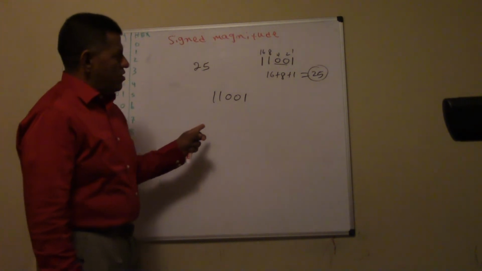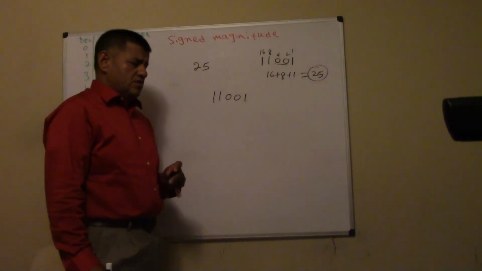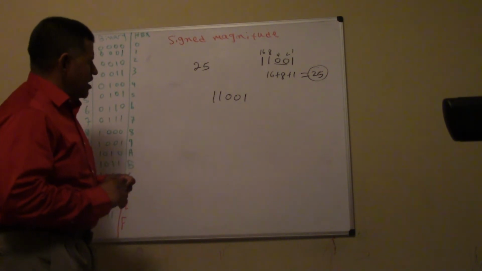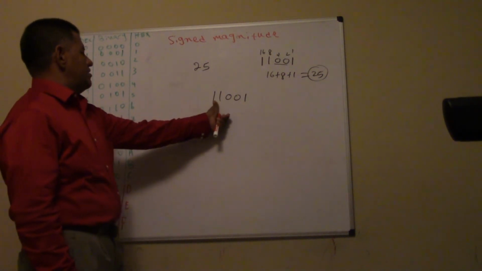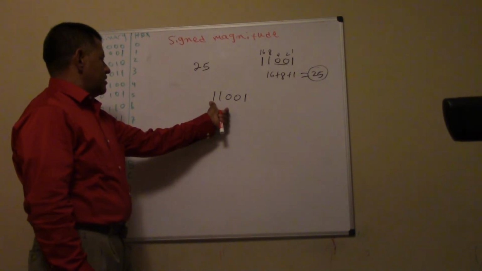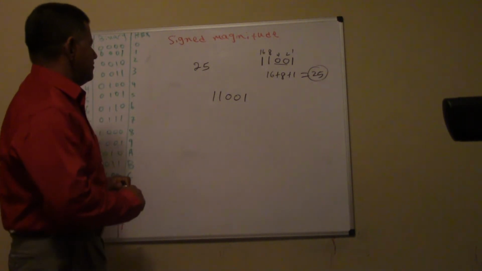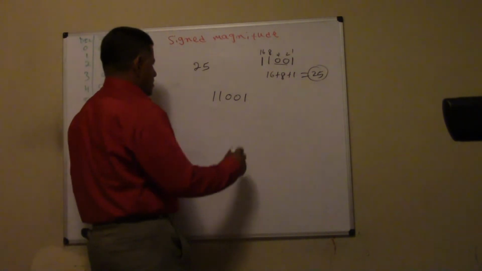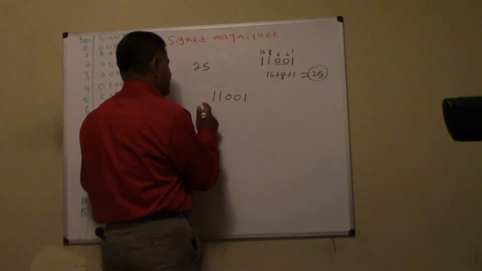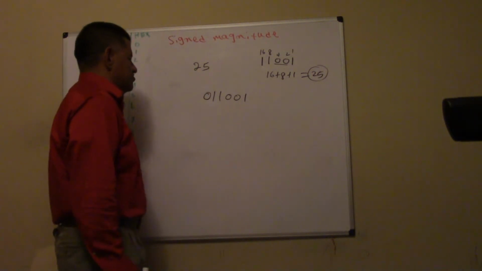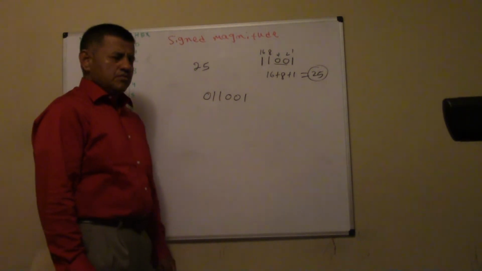Let's say, for example, that you want to represent this number as a positive. Well, in order to make it positive, you have to have another 0 in front of it, or maybe 2 zeros. Who cares about the zeros?